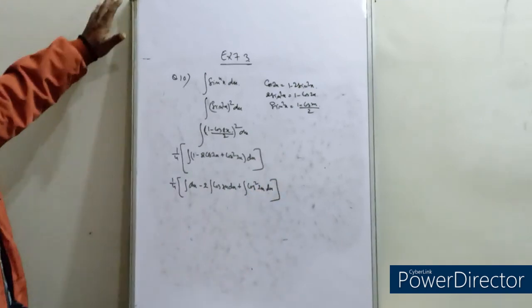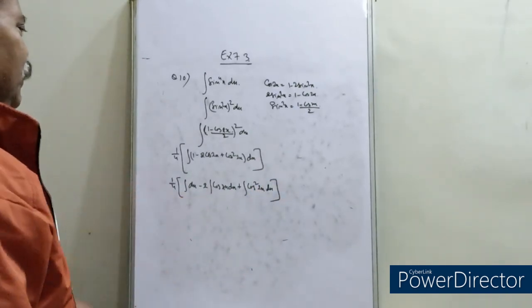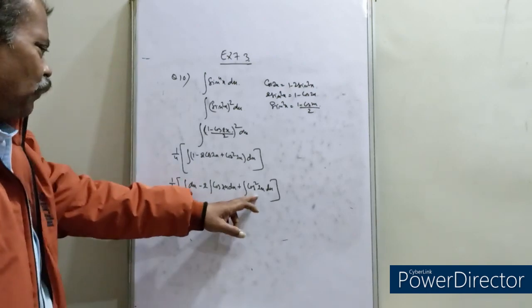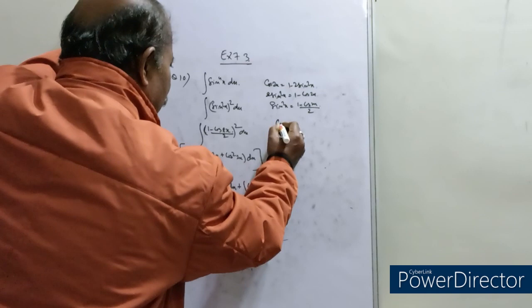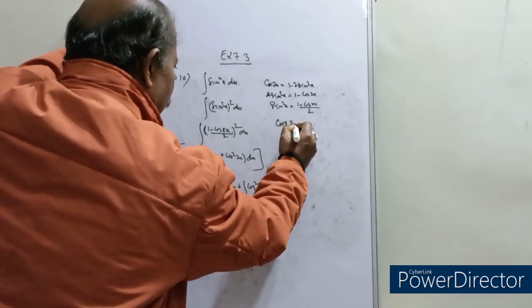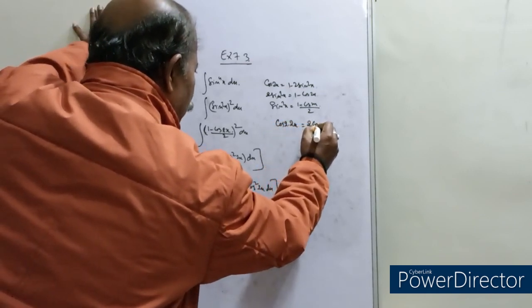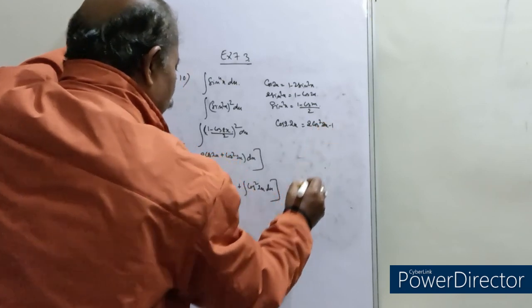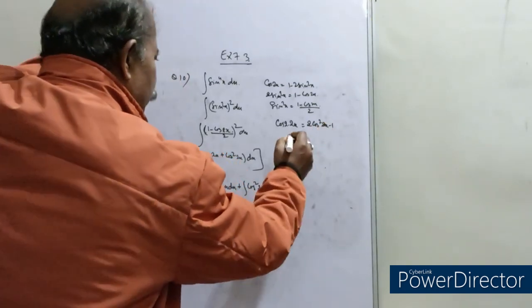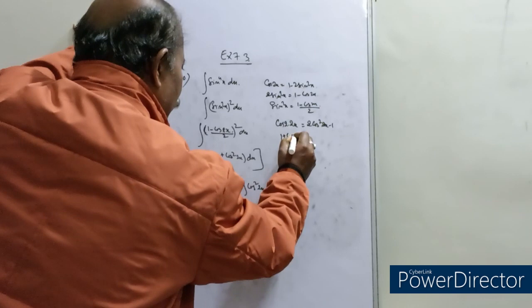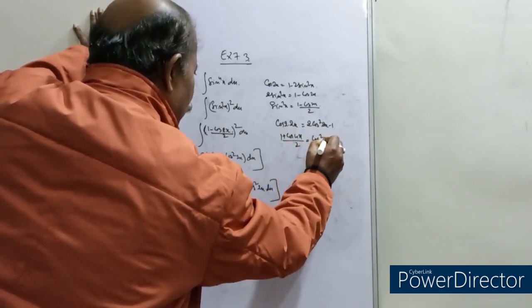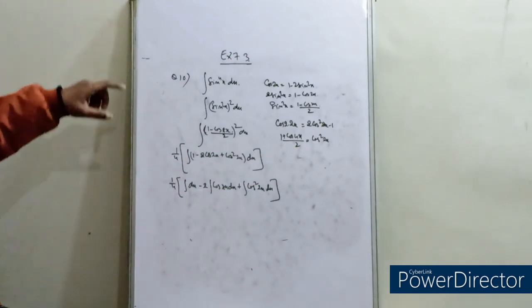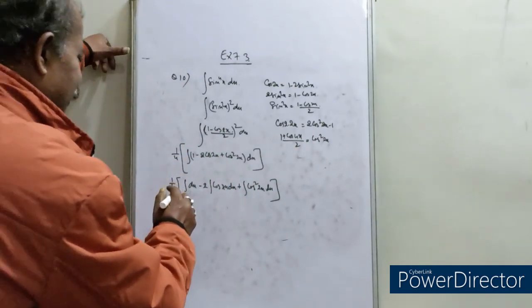So here these two can be integrated easily, but for this again I am going to take the help of the cos 2 theta formula, that is cos 2 into 2x equals 2 cos square 2x minus 1. So this will be 1 plus cos 4x by 2 is equal to cos square 2x. So I am going to place the value of cos square 2x here.